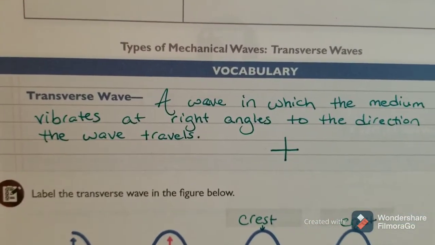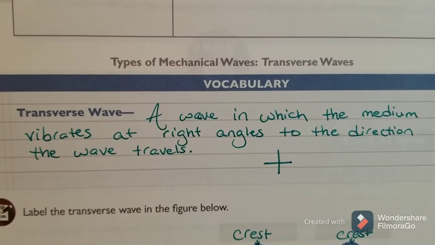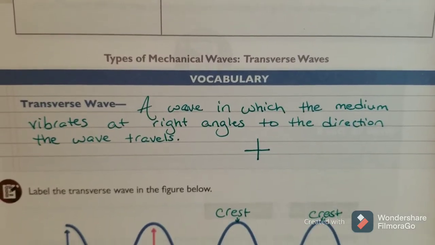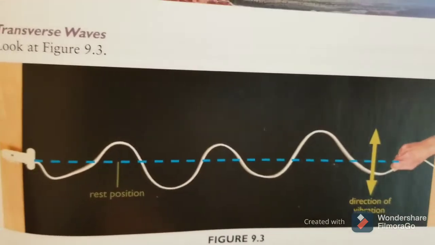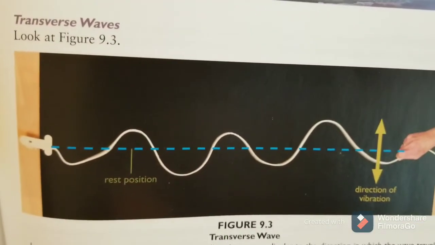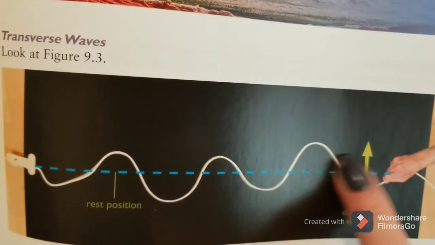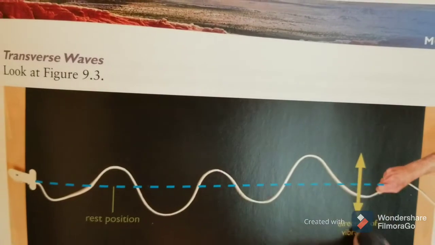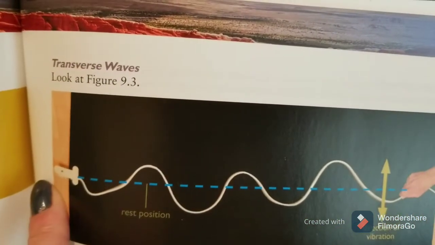Transverse waves. There's a few types that we're going to look at. And the transverse ones, I'm just going to show them to you because that's way better than telling you all these fancy highfalutin descriptions, okay? So I think of a big T when I think of transverse because we have the direction of the vibration going one way, and we have the direction of the wave going the other.